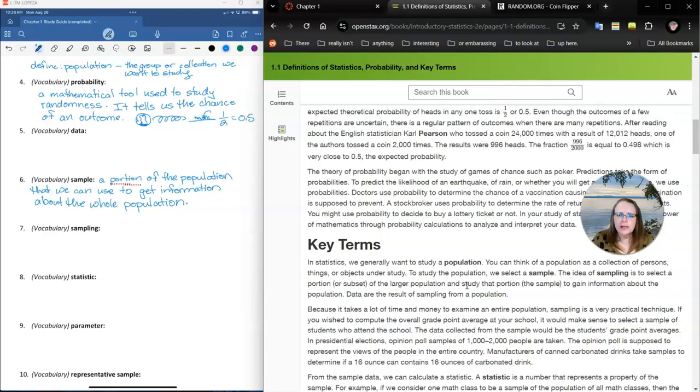And then data. Where is the word data? Data are the results of sampling from a population. So data, the result of sampling from a population.